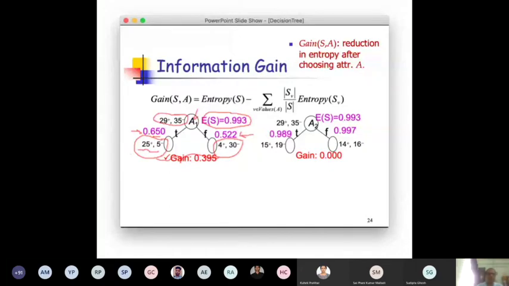So that's why you need to again apply the same rule of splitting by considering the gain in information, or reduction of the entropy values due to partition.